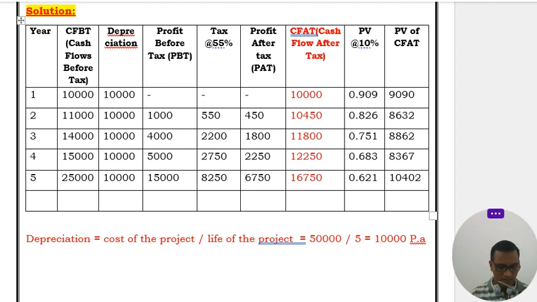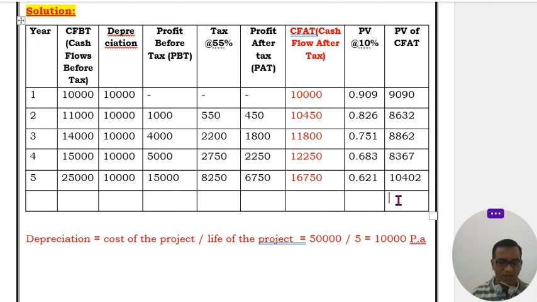So these are the values I calculated. How did you get these values? The CFAT multiplied with the present value table. And now I want the total. Total how much? 9,090 plus 8,632 plus 8,862 plus 8,367 plus 10,402.